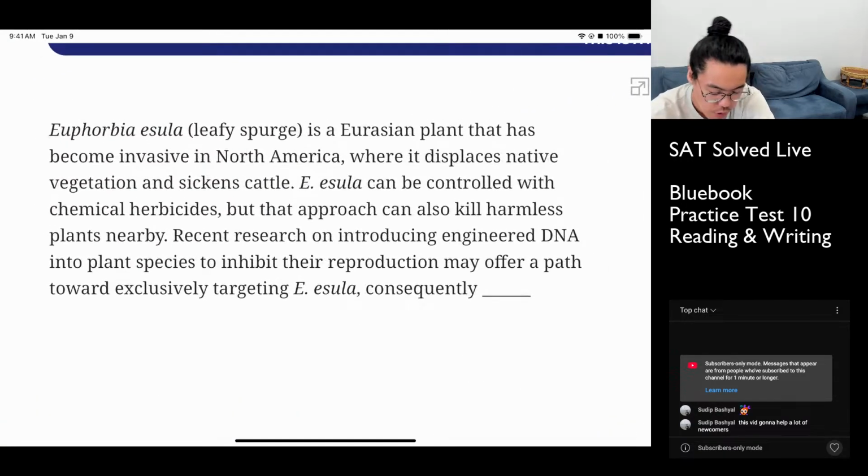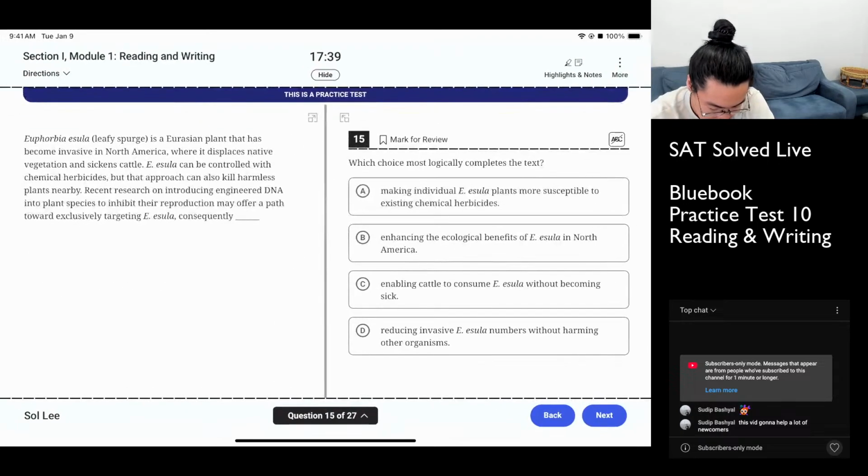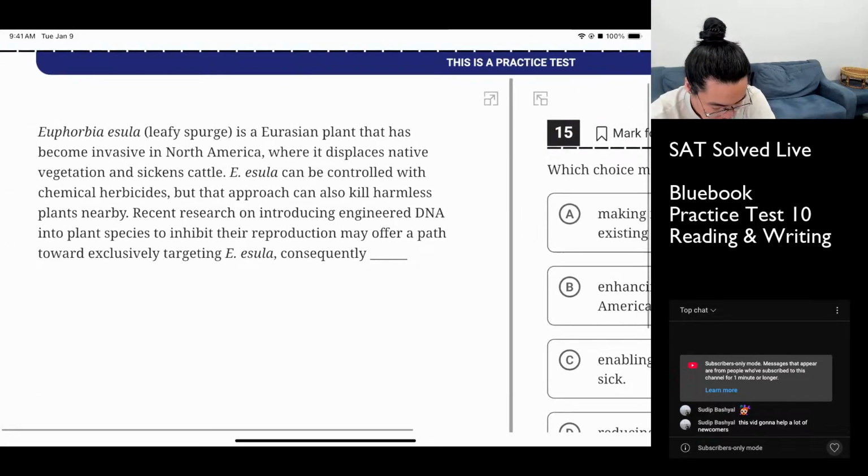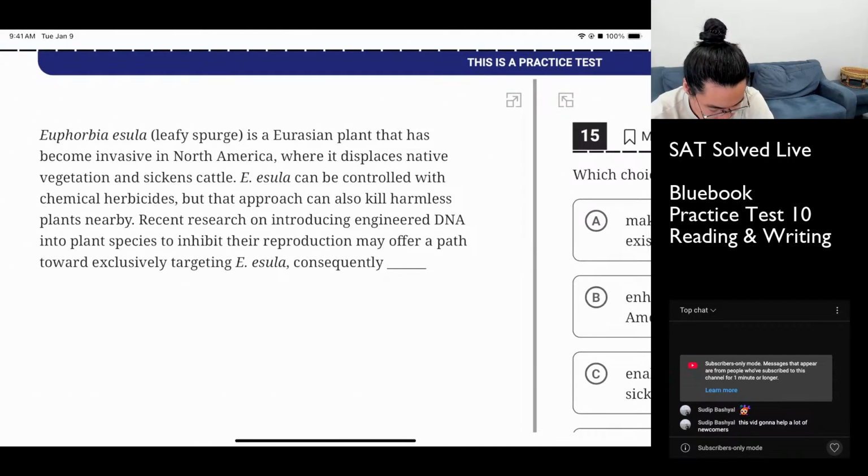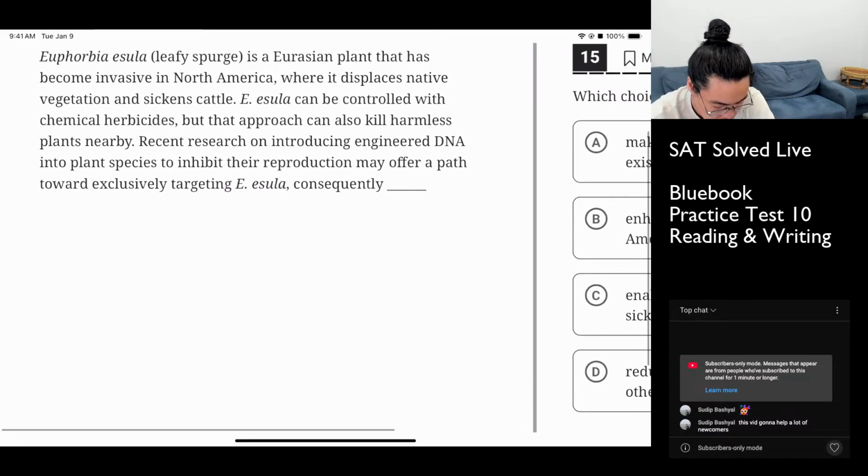All right. Euphorbia esula has become invasive in North America. Okay. From Eurasia. It's harmful for vegetation and cattle. Herbicides can kill others.